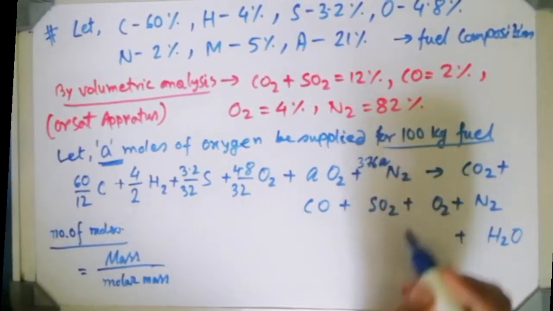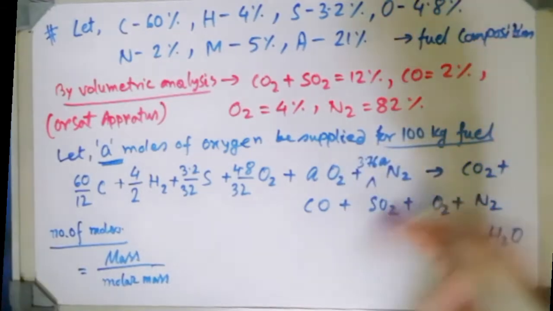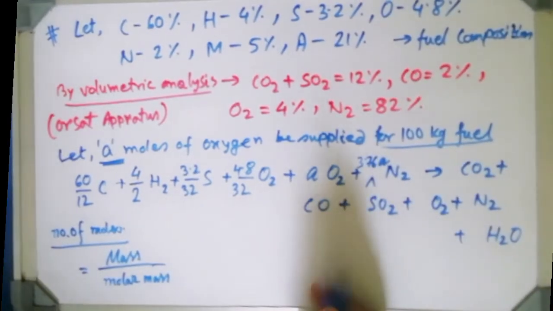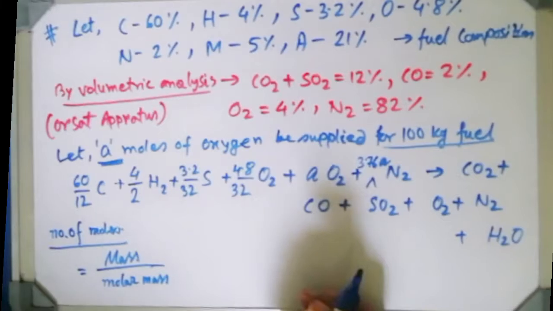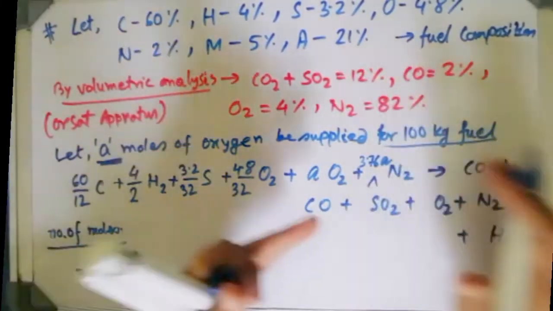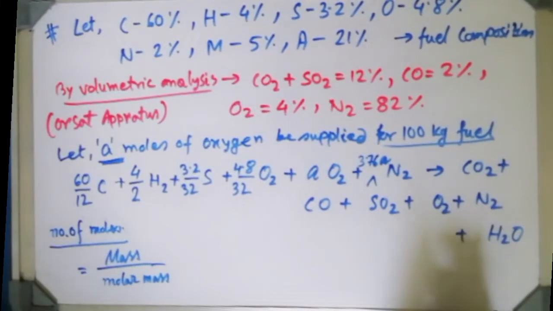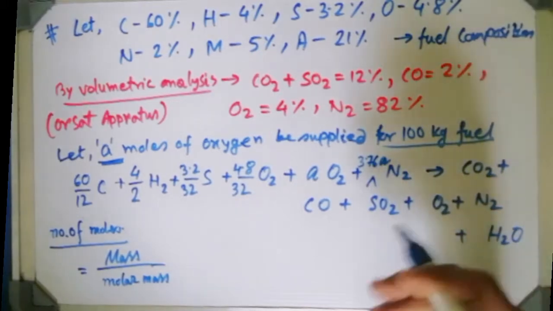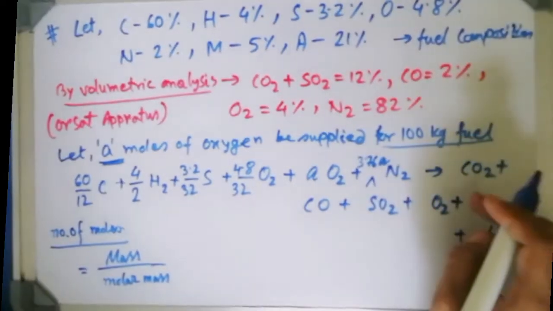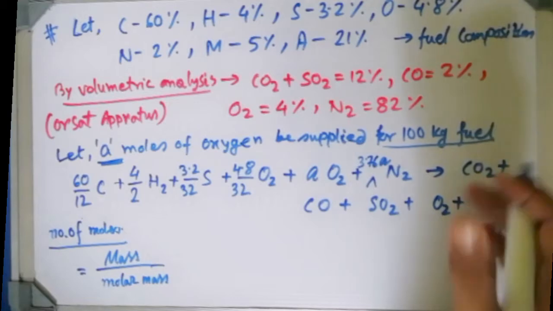Now we have to consider our assumption. We should assume some moles, because we don't know what amount of carbon dioxide and carbon monoxide will come out. Now we have to find this particular number of moles. I can put some assumed mole values.